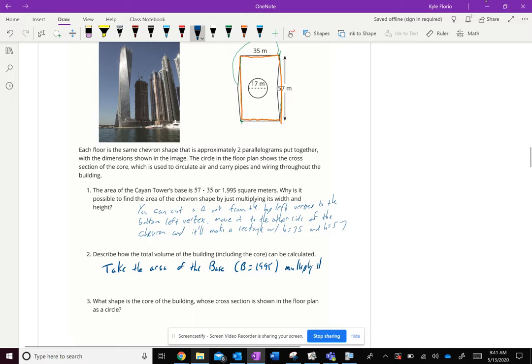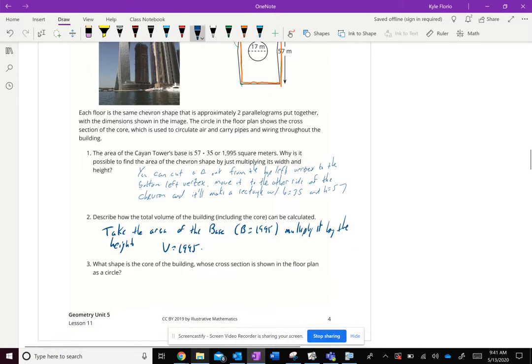Multiply it by the height. They're not asking us to calculate it, but it would just be the area of the base, 1995, times the height, which is 306. And you could toss it on the calculator. I'm getting 610,470. What are we in? Yep, cubic meters.